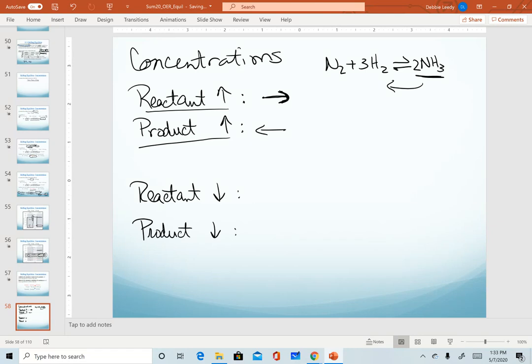Now, decreasing amounts of reactants or products, same concept. We're obviously just reversing these. These are a little bit trickier to do because in order to remove something, realize that for this reaction, everything is a gas. So I can't just reach into a container with a syringe and try to extract one of these.